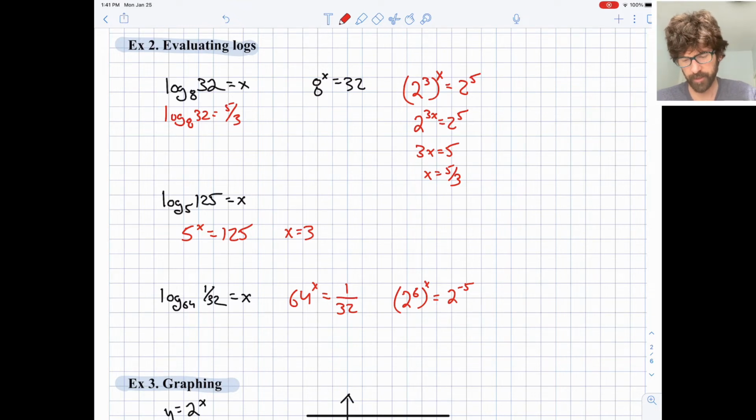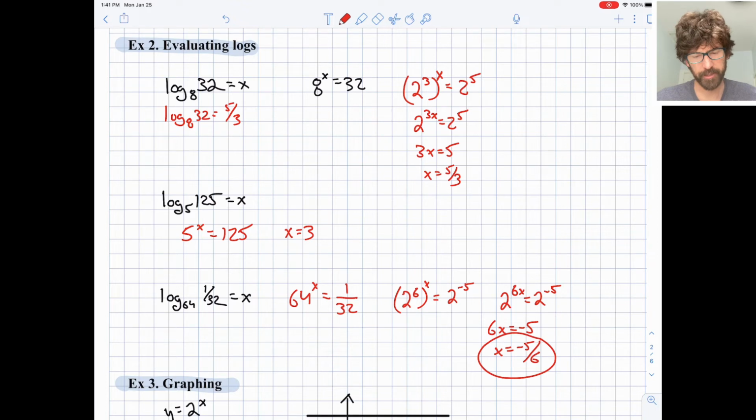Here we can apply our property of exponents, where 2 to the 6x is 2 to the -5. Once we have a common base, 6x equals -5, so x will be -5/6. That would be our solution there. So that's just rewriting into exponential form and then getting a common base.